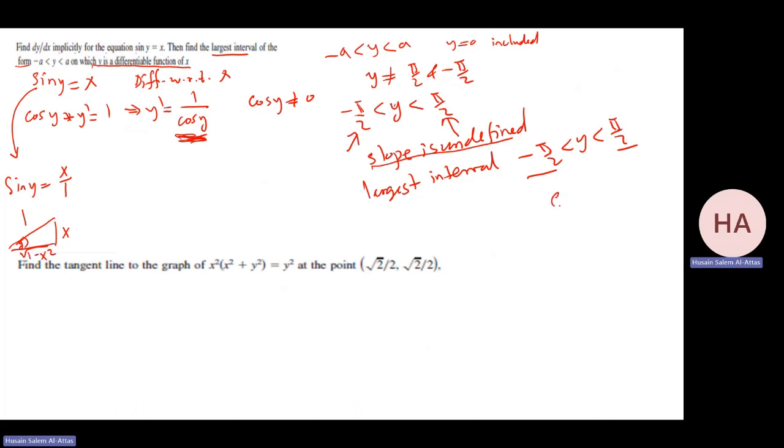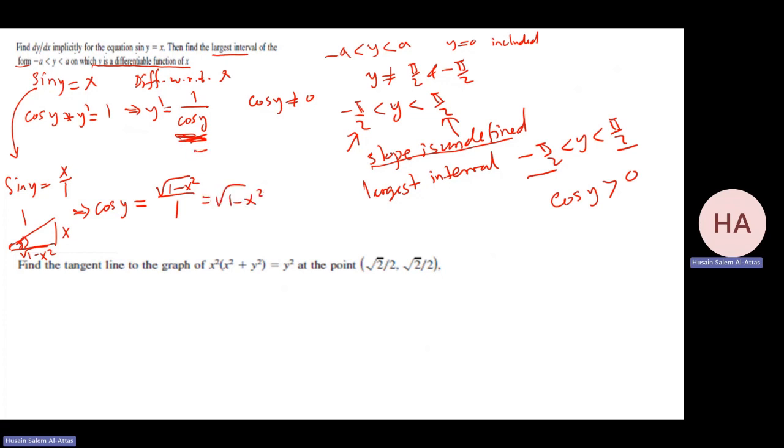Also, I notice at this interval, cosine y is always positive, which is the first and fourth quadrant. So cosine y is what? Adjacent over the hypotenuse, which is square root of 1 minus x squared over 1. So it's square root of 1 minus x squared.